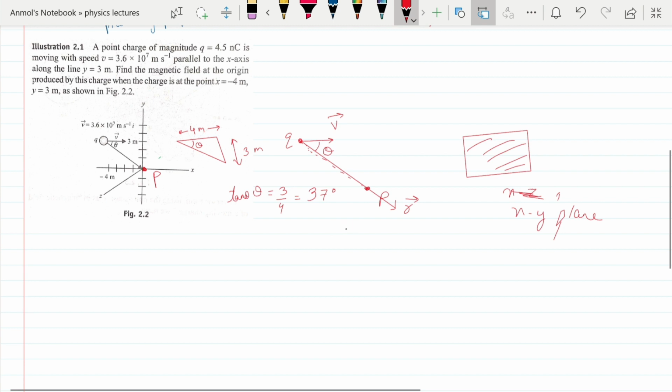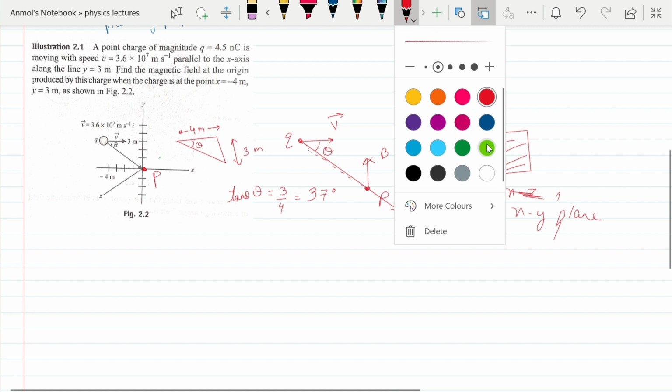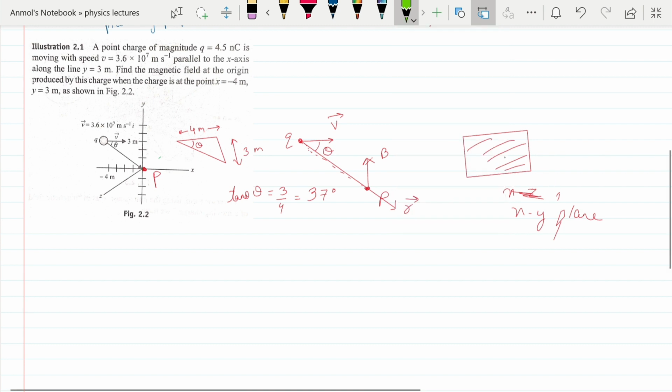From that we can tell what the direction of the magnetic field will be. According to this figure, the magnetic field will be going upward. Your V and R are lying in which plane? Your V is along this, your R vector is along this.